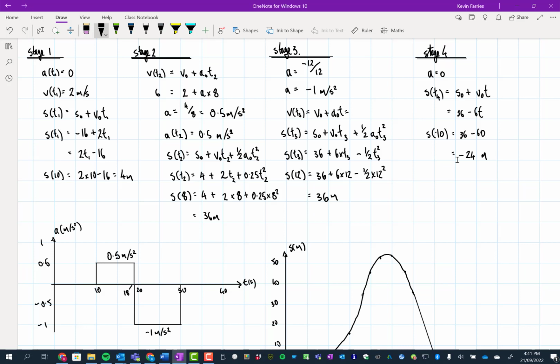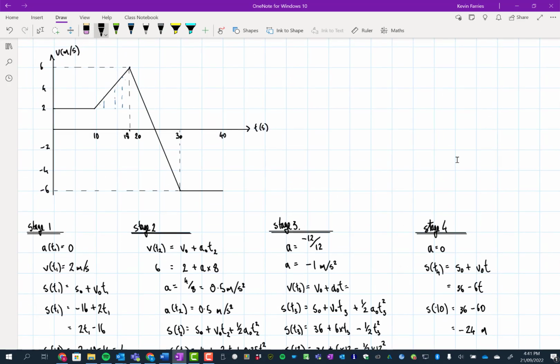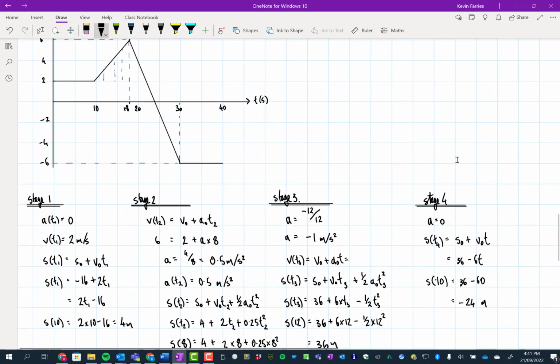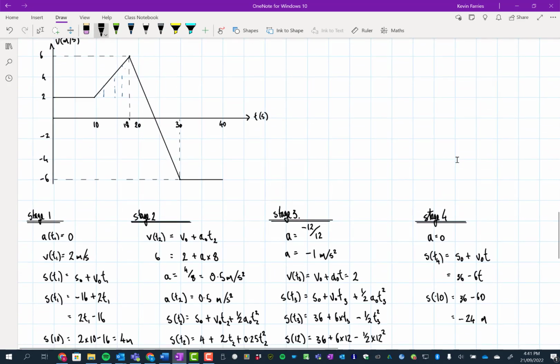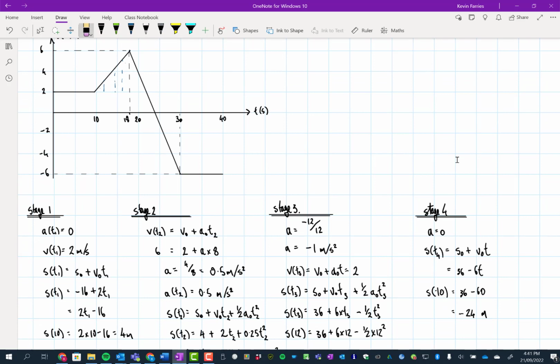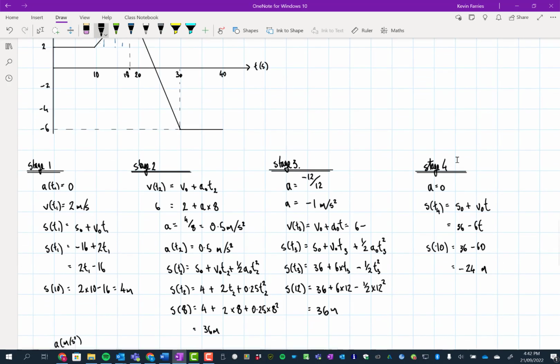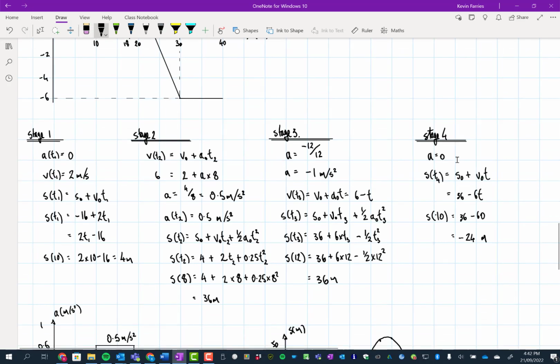The velocity at the start of this stage, stage 3, was 6 meters per second, and then the acceleration was negative, so it's negative t.